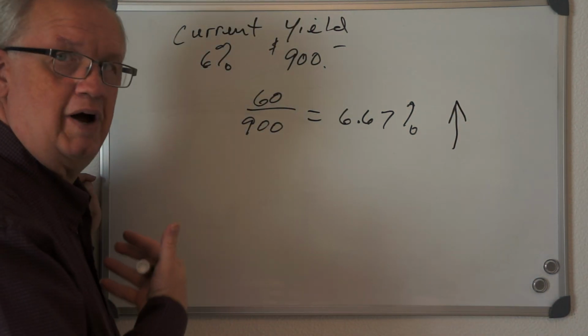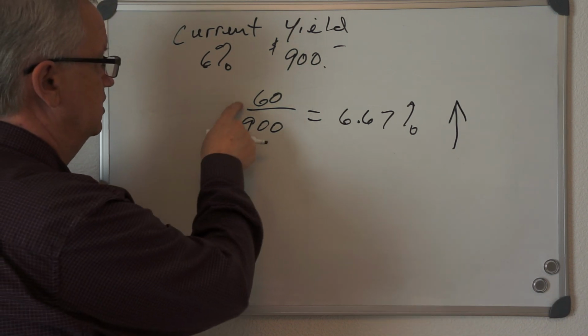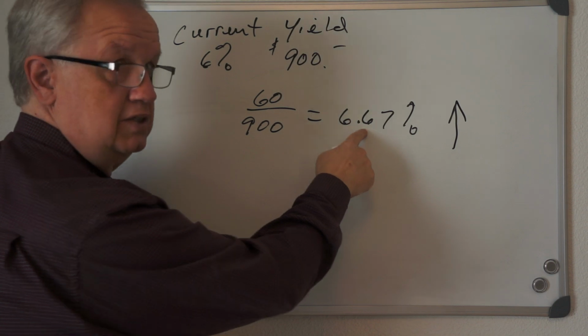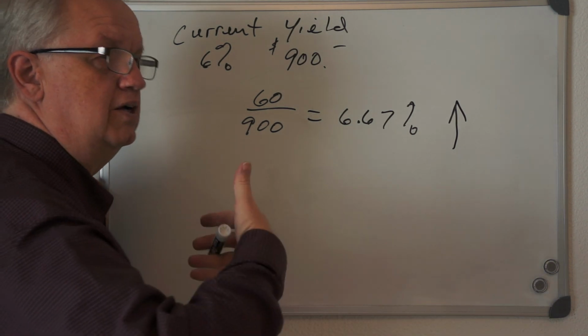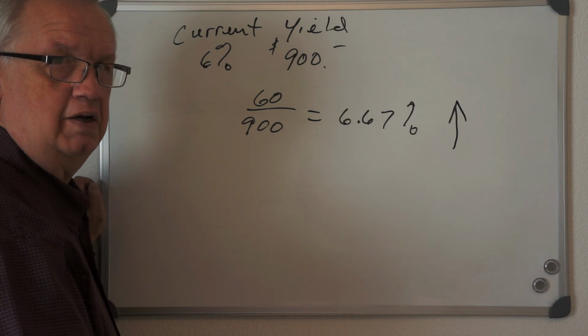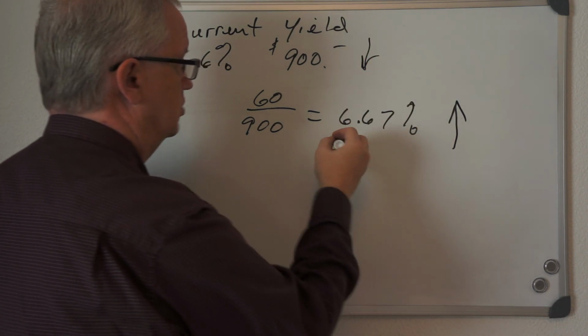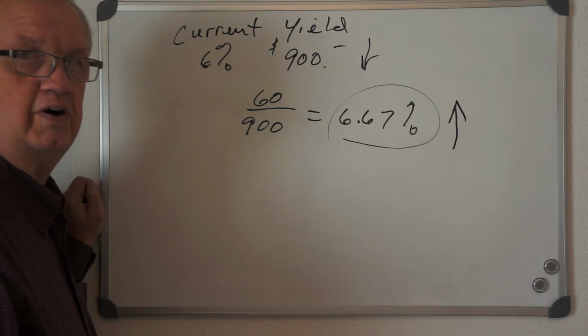Who's going to buy my $1,000 bond for $1,000 if all they're going to get is $60, which is 6%, when the marketplace is at 6.67? So the only way somebody can sell that bond in the marketplace is to drop the price so that it is close to what the yields are in the marketplace.